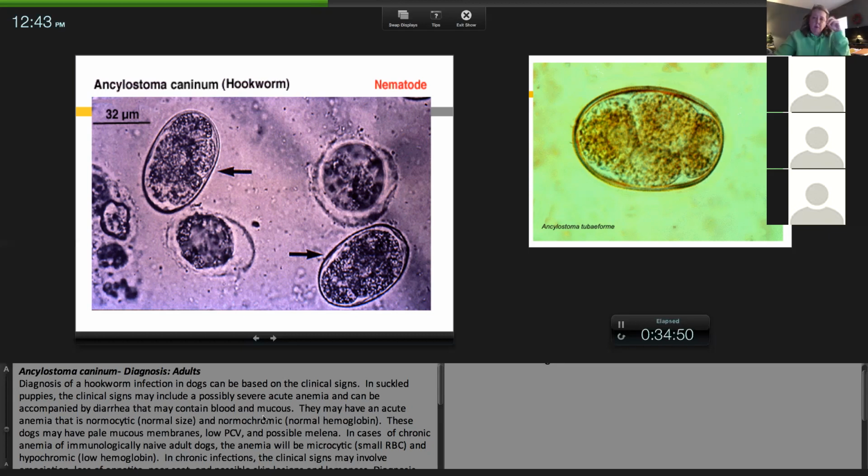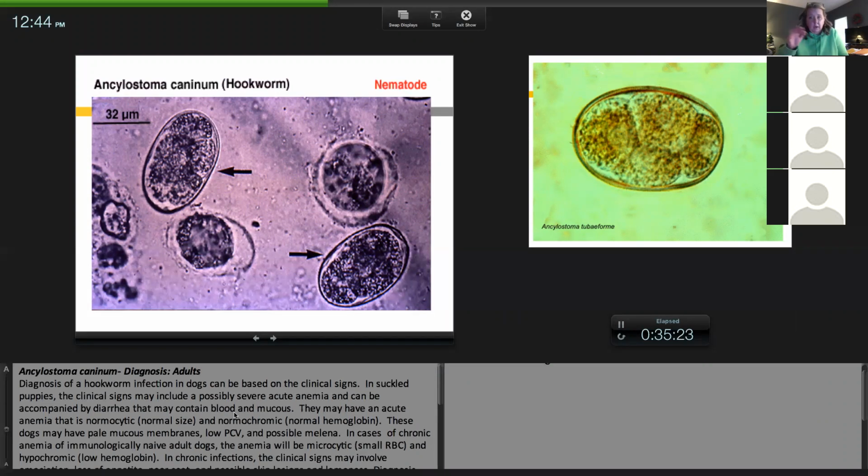Now, one thing about hookworms, and this stayed with me from a long time ago in school, is if you think about the hook or the teeth-like projections, and if they've got a significant burden, these really pull blood. And in severe infections, you can have anemic puppies. So if you have a puppy and they're pale, they have the pot belly appearance, hookworm, especially also what it says here, like the blood and mucus in the stool.